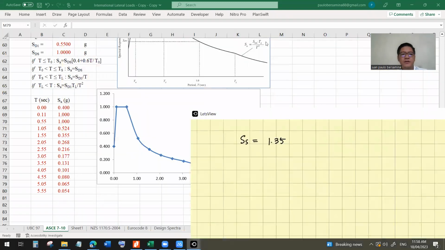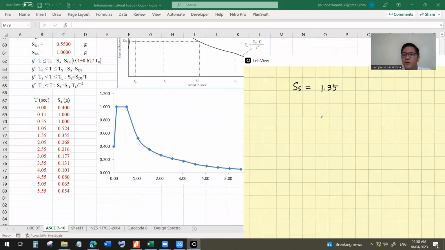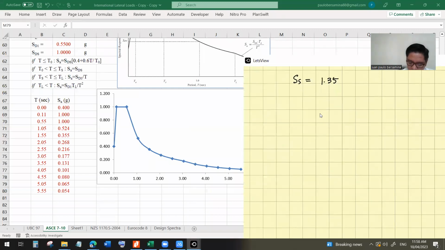This is 1.35. One. Ayan. So this is 1.0.